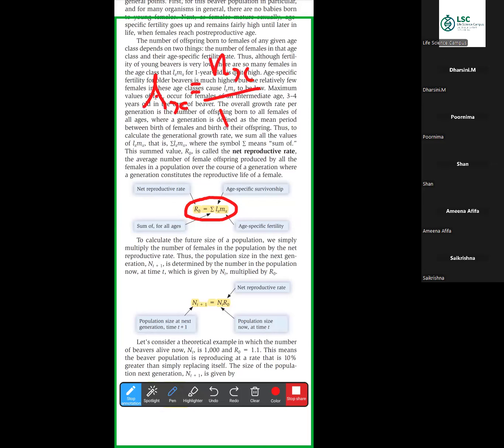Next equation is net reproductive rate, that is R0. Net reproductive rate or R0 is given by sigma lx mx. Do you remember this lx? lx is equal to nx by n0. Survivorship. lx is survivorship. Do you remember that table?